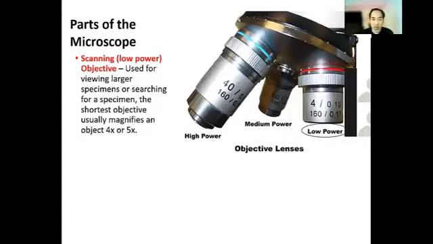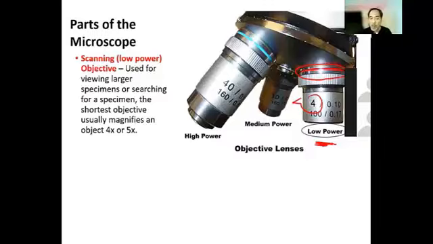The low power objective is what we call the scanning objective. Whenever you start looking through a microscope, always use the scanning objective, or low power. Its magnification is 4x. Why is that important? When you put a slide underneath the low power, you're not magnifying it just 4 times.